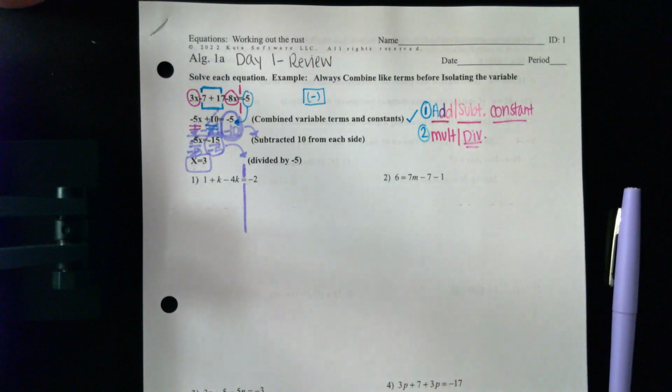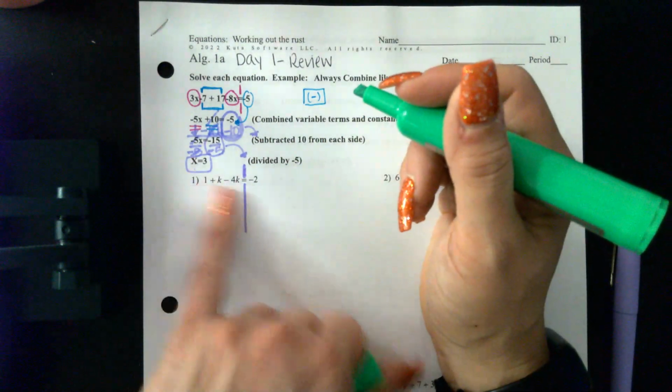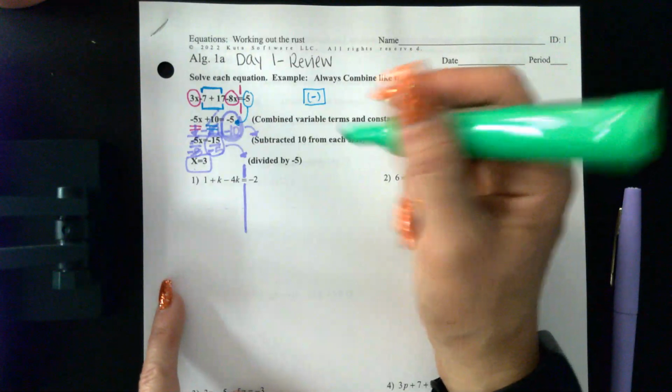If you have done this before and this is seriously just review, you don't necessarily have to draw that line, but if it's been a while, I would suggest drawing it.